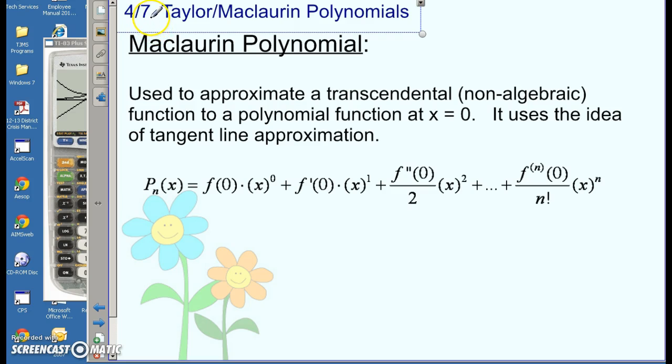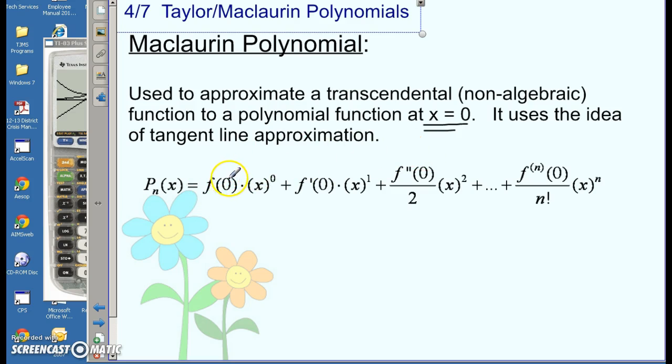So here is the polynomial that you guys had to write down in class, and it's used to approximate what we call transcendental, non-algebraic functions, so sines, cosines, using your trig functions, the logarithmic functions. And for Maclaurin's, we are centering it when x equals 0. So we're going to use this and use those tangent line approximations to create our formula.